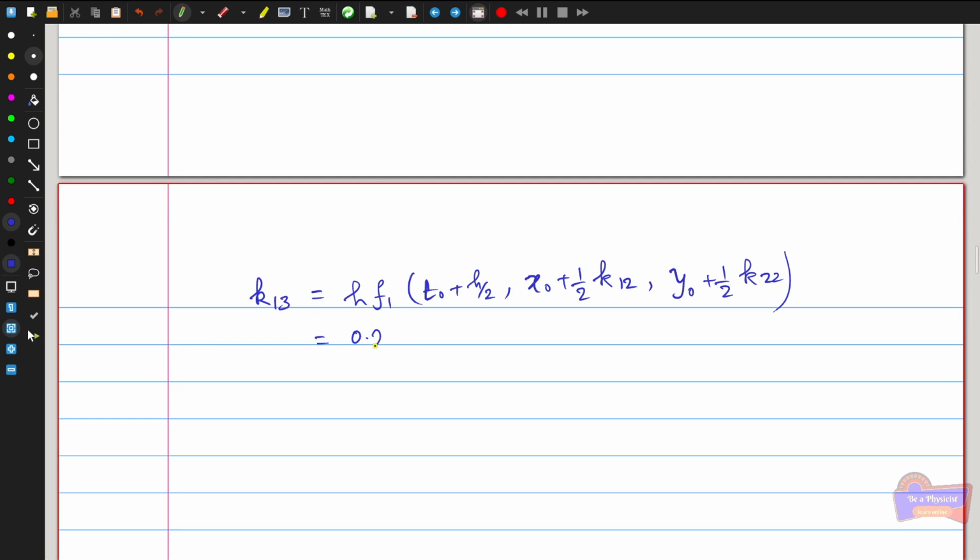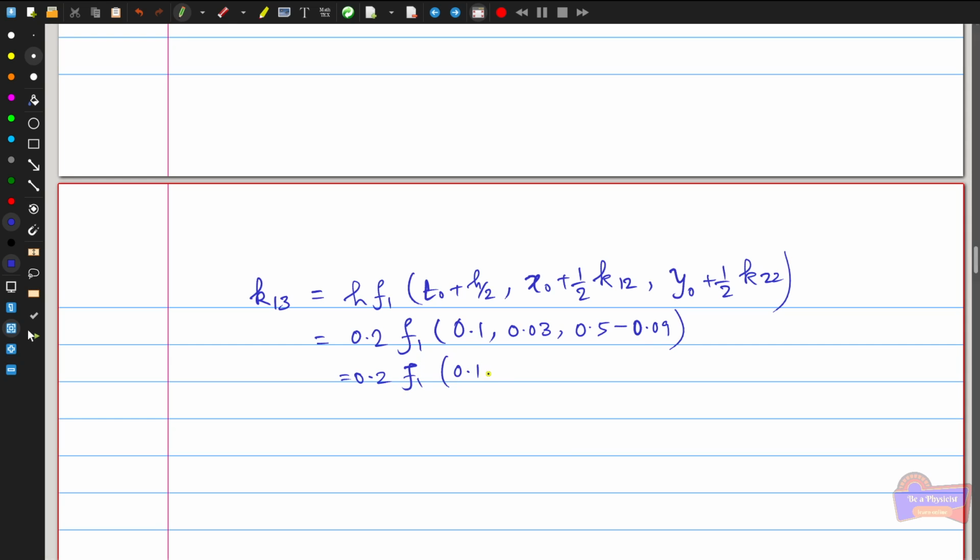So 0.2 into f1 of 0.1, comma, 0.03, comma, 0.5 minus 0.09, which is 0.41.